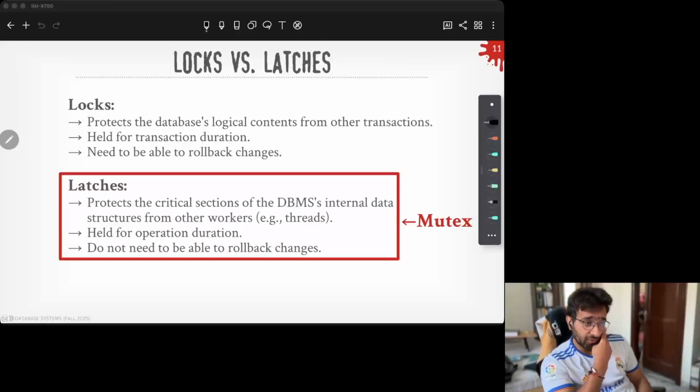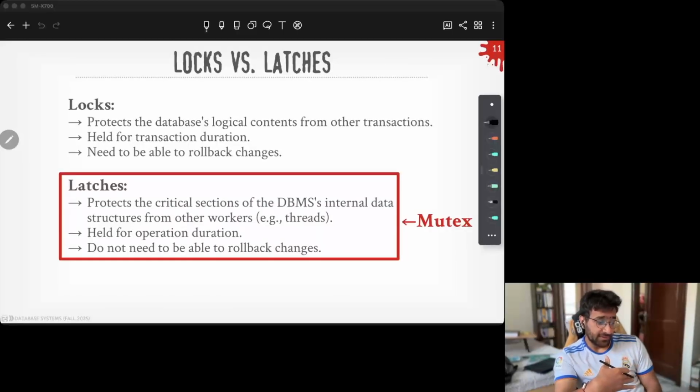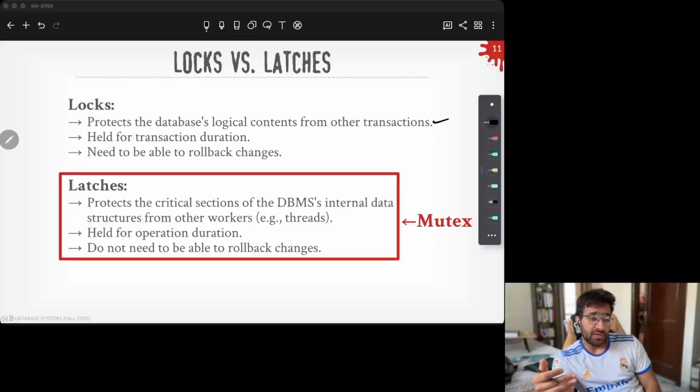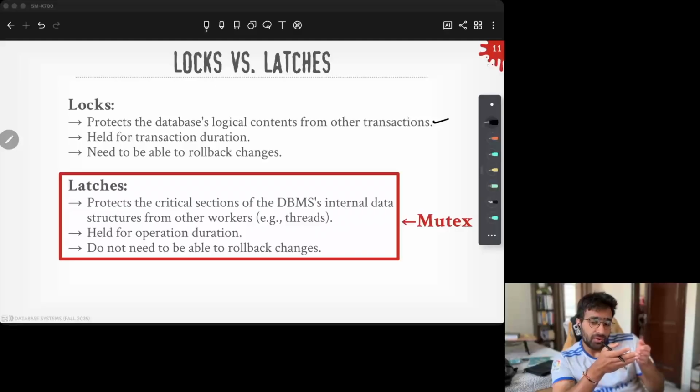Okay, so this is what I was talking about: locks and latches. Let's read this particular line. Locks protect the database's logical content from other transactions. The same example I gave: on a disk level, there is no notion of a table. You're just writing bytes.